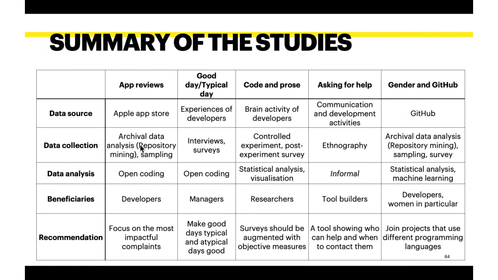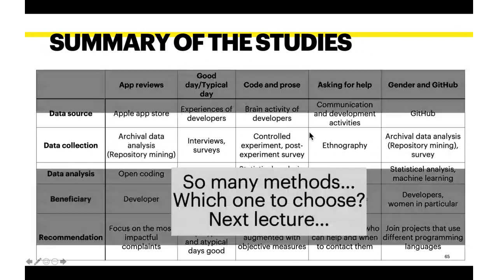Who are your beneficiaries? What kind of recommendation do you want to provide? And as a function of this, what data sources are you going to use? How are you going to collect the data? And how are you going to analyze the data? Of course, answering those questions, which methods to choose, will be a topic for our upcoming lectures.